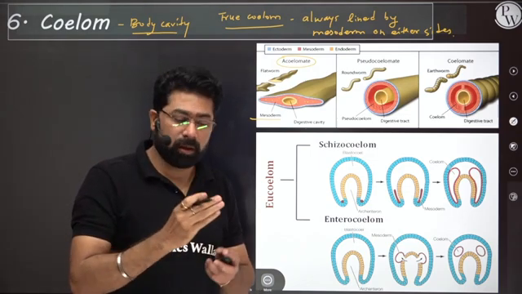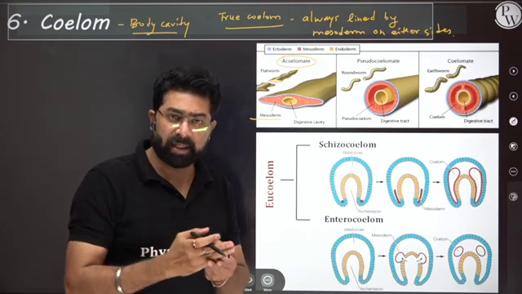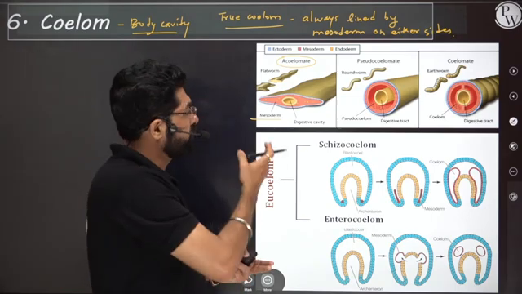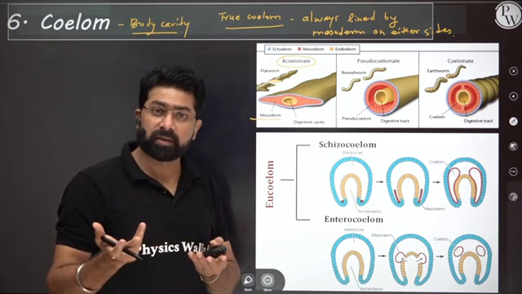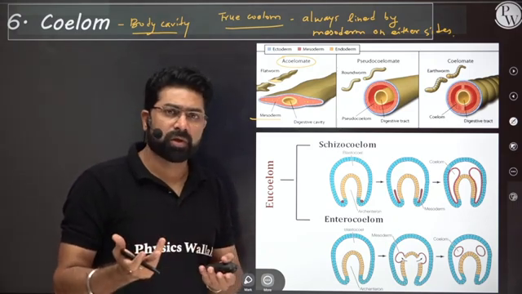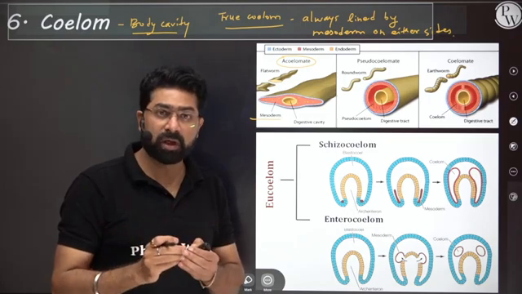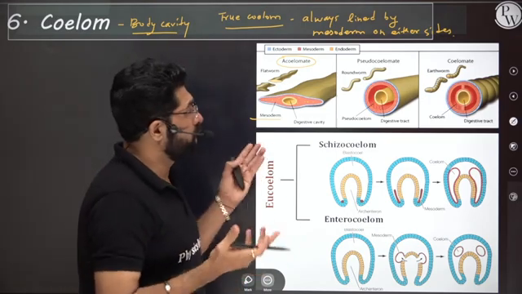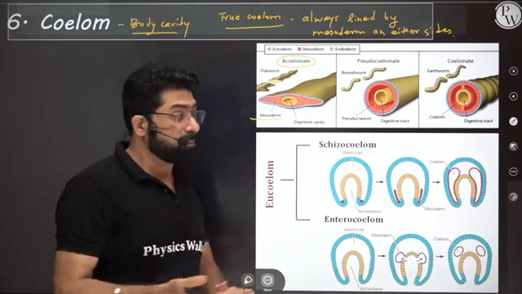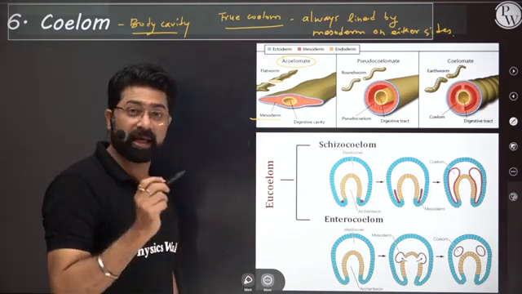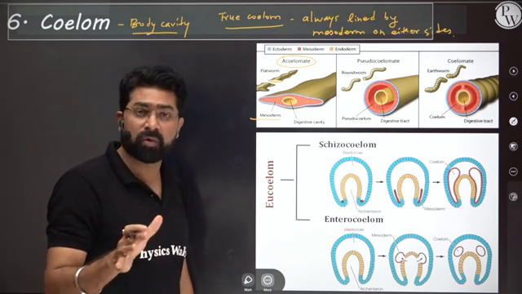The Platyhelminthes have mesoderm, but still they are acoelomate. Cnidarians and Ctenophores anyway are not going to have a coelom, because they don't have mesoderm. But Platyhelminthes have mesoderm, still they don't have the coelom.